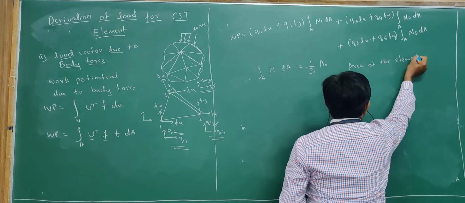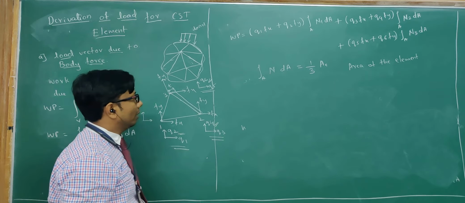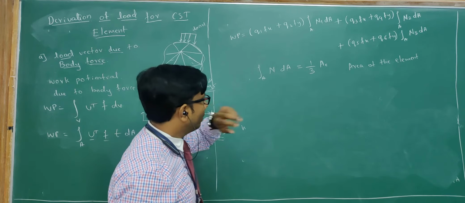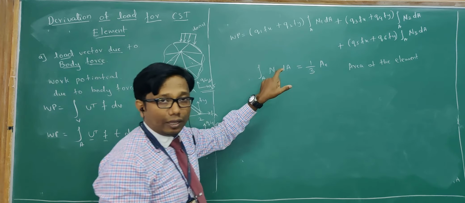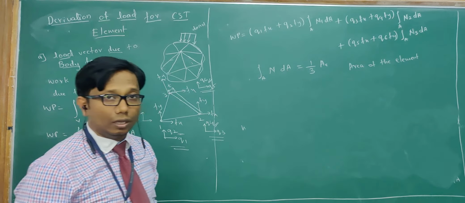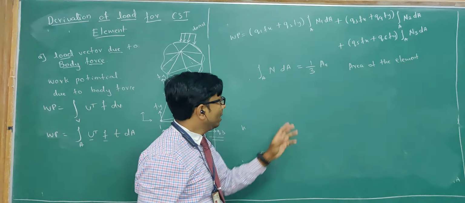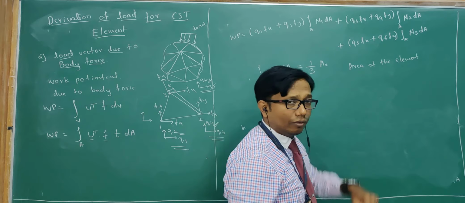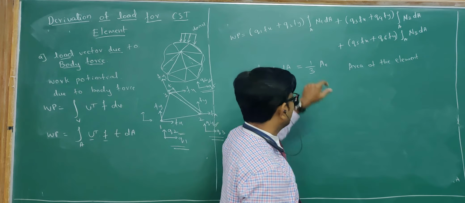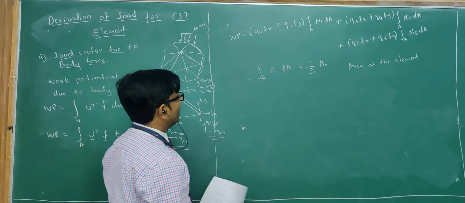The detailed derivation is there in the notes which I will be giving you. The reason we are not deriving it here is that this derivation is obtained when I take the shape function in the global coordinate system. When I take the shape function in the global coordinate system, I can easily find out the value of this shape function with respect to area. So this is 1 by 3 AE.